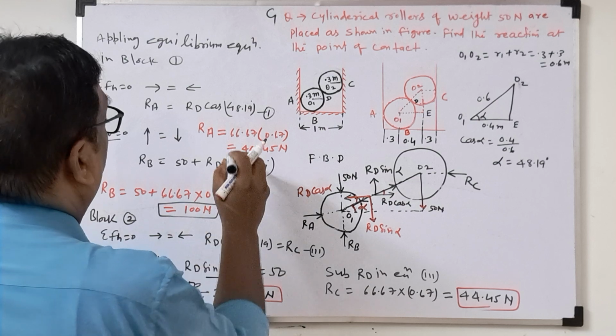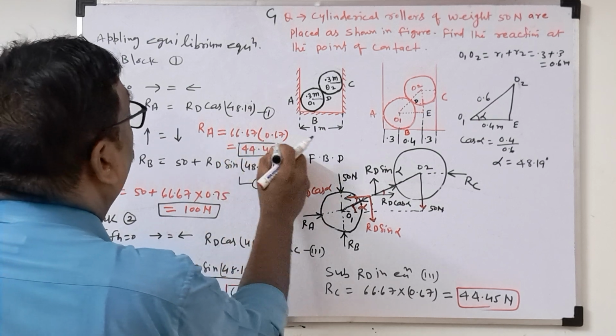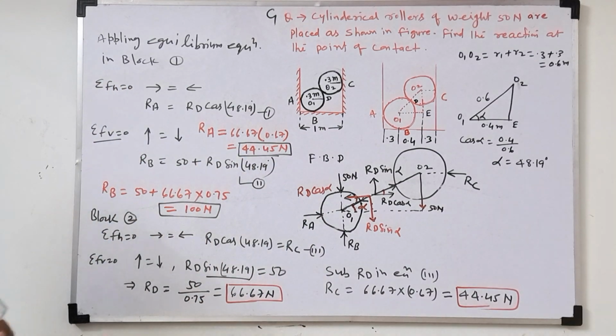So this way we can calculate all the reactions. Let's check: Ra is coming 44.45 Newton, Rb coming 100 Newton, correct? Then Rd is 66.67 Newton, and Rc coming 44.5 Newton. So this way we can calculate the problem.